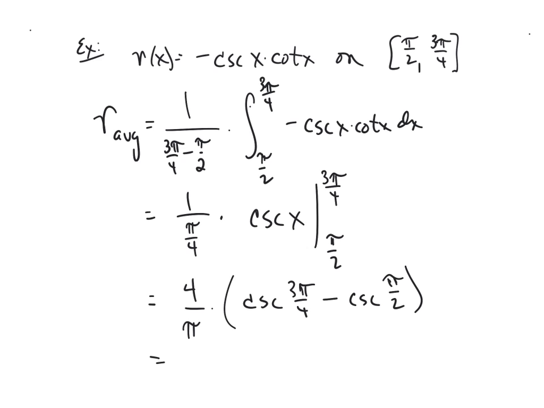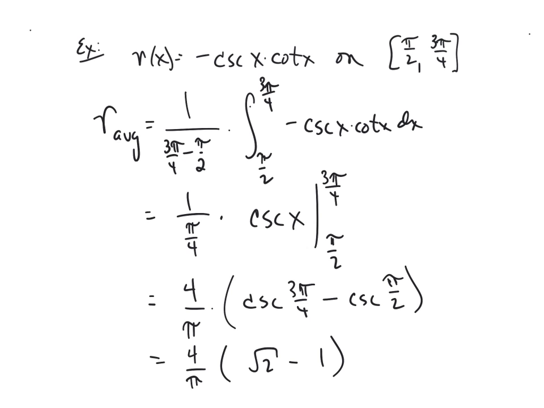Again, none of these turn out really great. Actually, I guess they're not terrible, but with the 4 over pi, they're not the nicest things. Let me see if I can remember these without a trig sheet in front of me. The cosecant of 3 pi over 4 is going to be the square root of 2, if I remember correctly. The cosecant of pi over 2 is going to be 1.